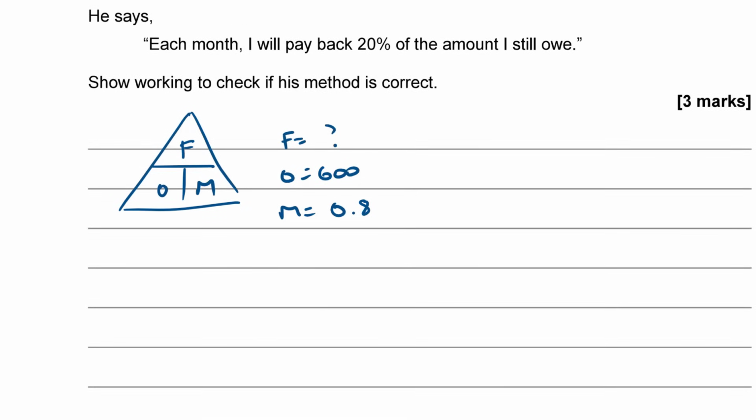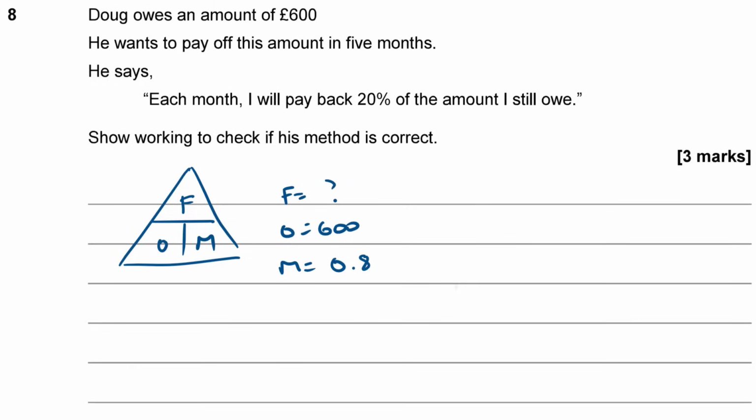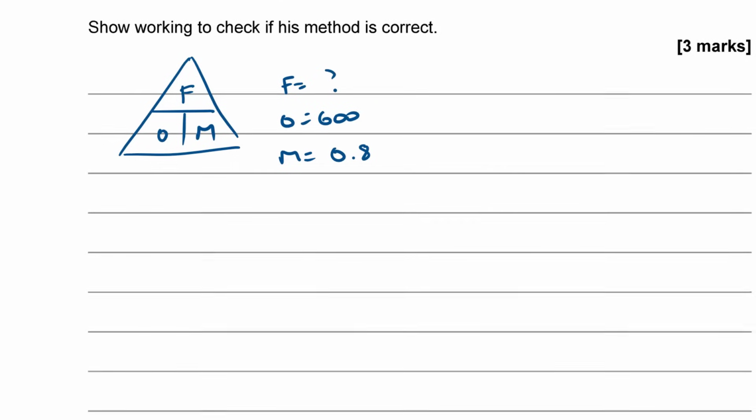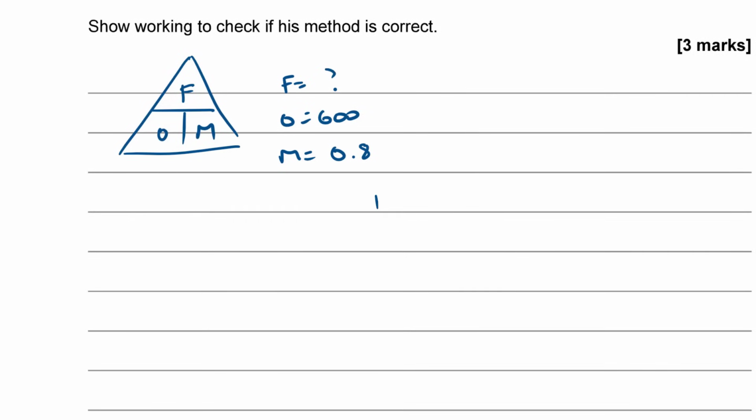So after 5 months of paying back 20%, your final equals original times multiplier, which is 600 times 0.8, but we're doing this 5 times, aren't we? So it's to the power of 5.